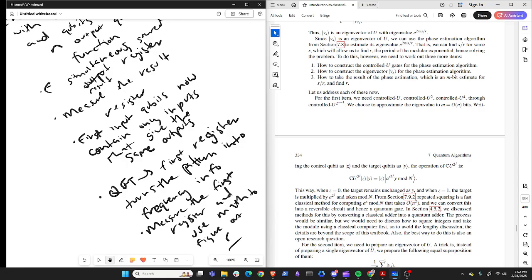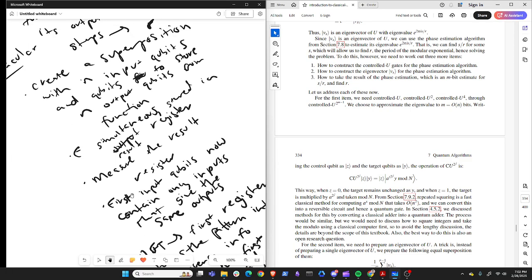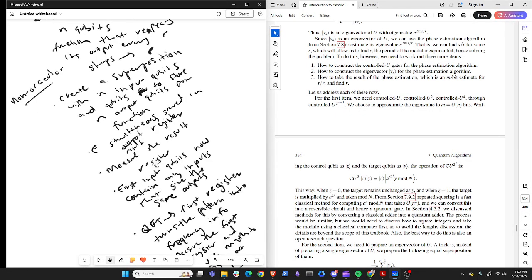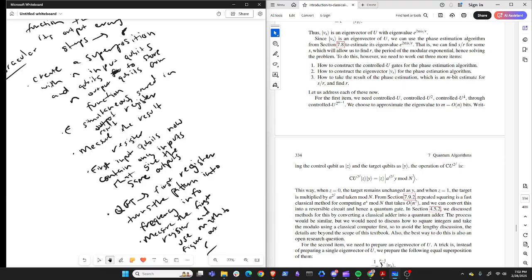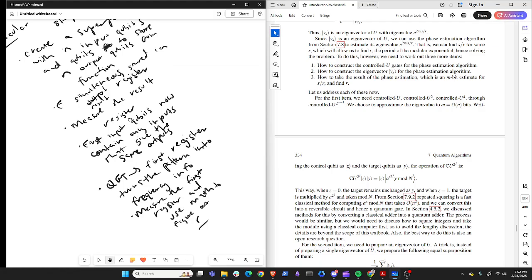So that's the super high level form. Basically we have this big entangled superposition of a bunch of qubits. We create two different quantum registers, and all the qubits in those two registers are entangled with the qubits in the other register. We have some function that evaluates the period and stores the result in the result register.